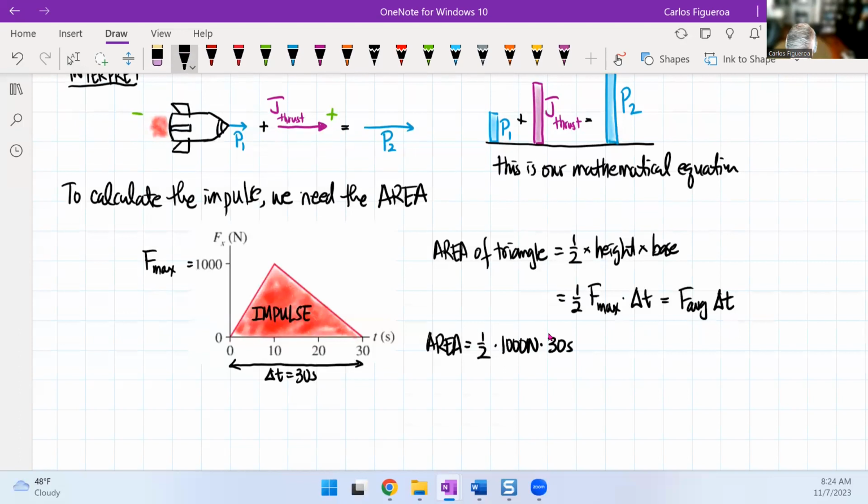So I have 30 divided by 2, which gives me 15, times 1,000. That should give me 15,000 newton seconds. And this is the value of the impulse produced by the thrust.